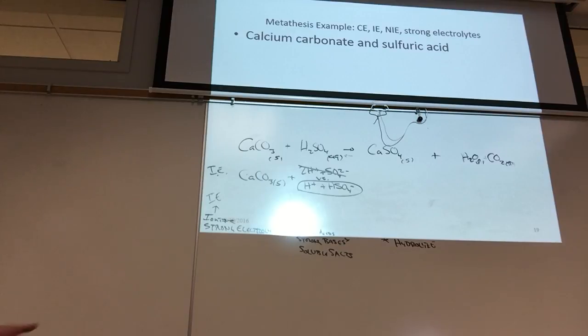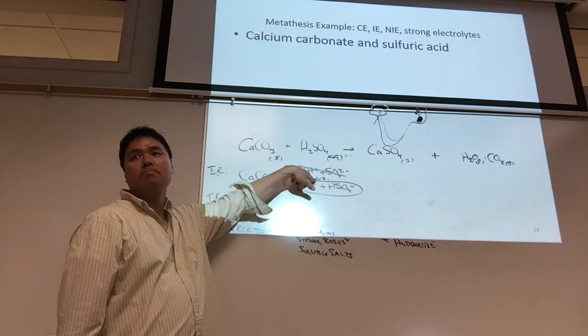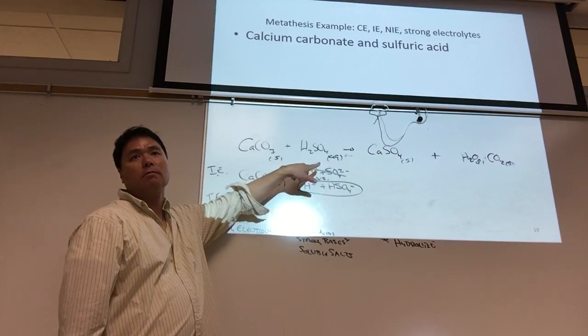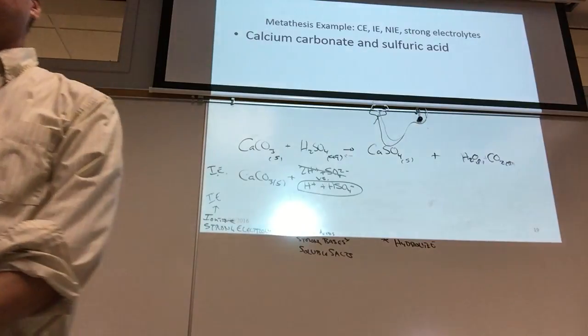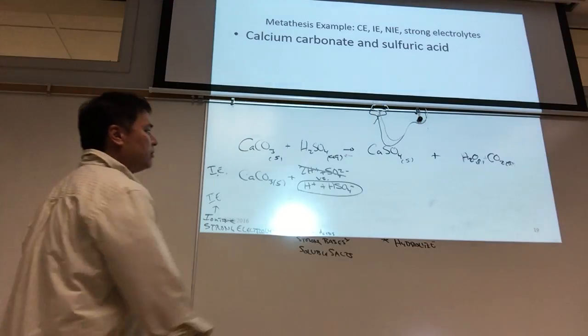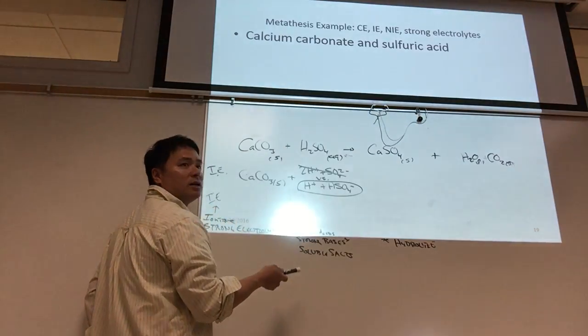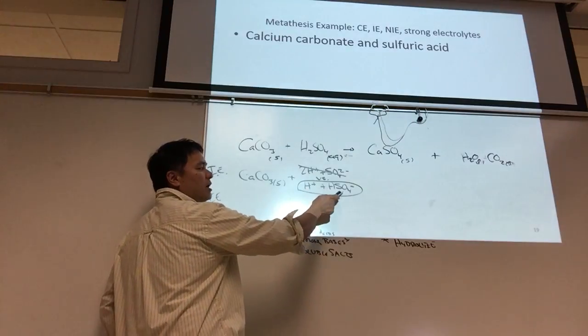It's diprotic. Don't you expect both protons to break off if it's diprotic? Once the first proton breaks off, the protons break off one at a time. They don't break off simultaneously. And so one proton breaks off, and we're left with HSO4 minus.